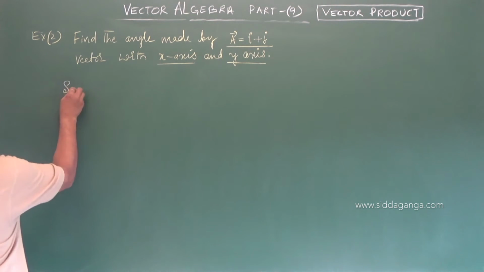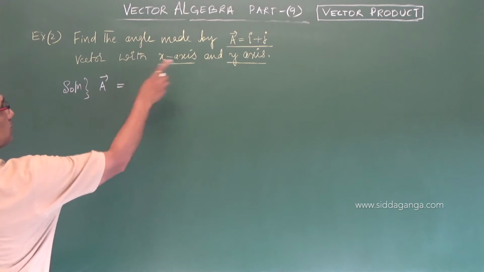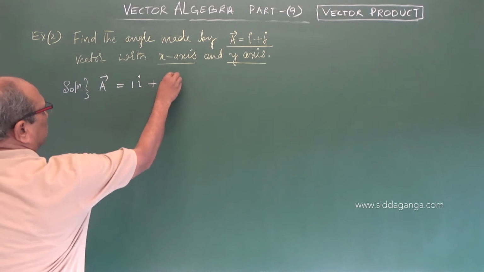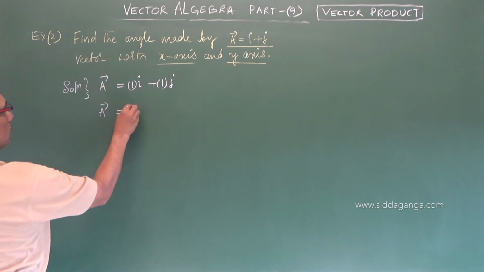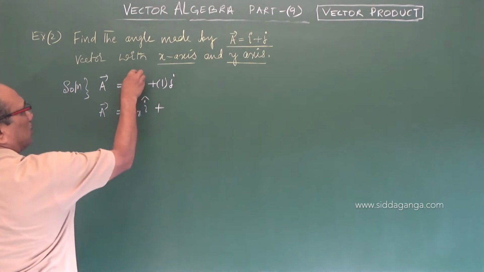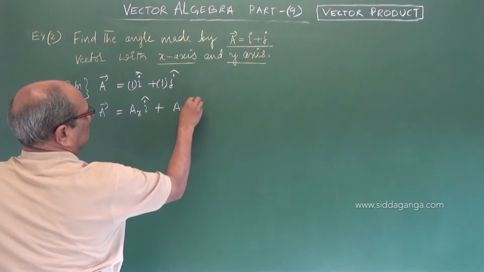So coming to the solution, the given vector A can first be written as 1i plus 1j. This 1 is written with the standard equation axi and ayj.